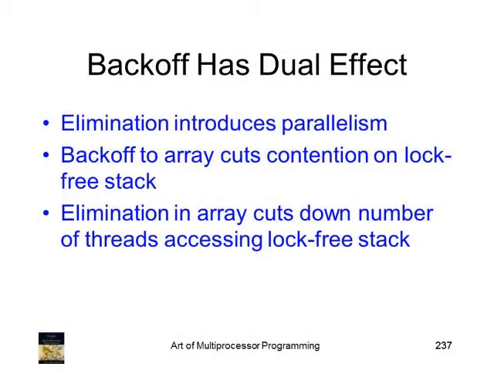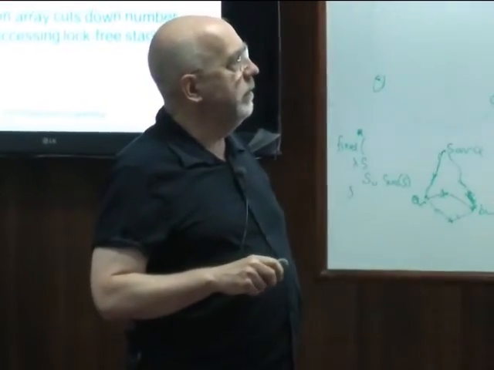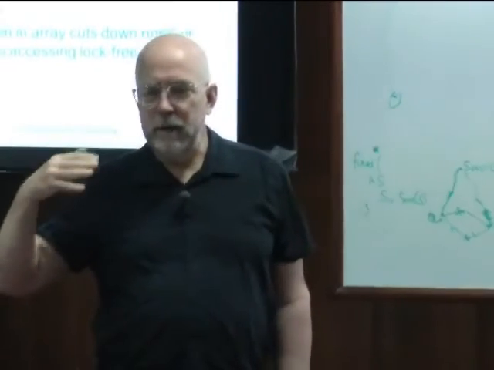So the backoff is good for two reasons. One is that because we back off on the array, that cuts down the contention on the compare and swap. So if you fail to connect with someone on the elimination array and you have to do the compare and swap, you're better off because we've eliminated at least some contention.